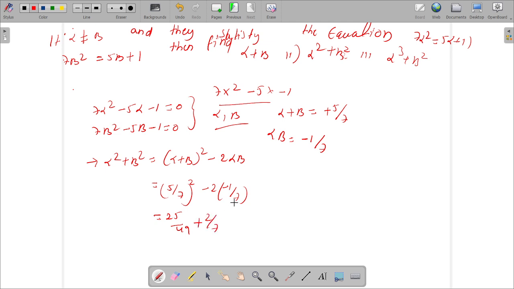Now make the LCM 49: 25 plus 14 by 49, which can be written as 39 by 49. Similarly you can do the rest.